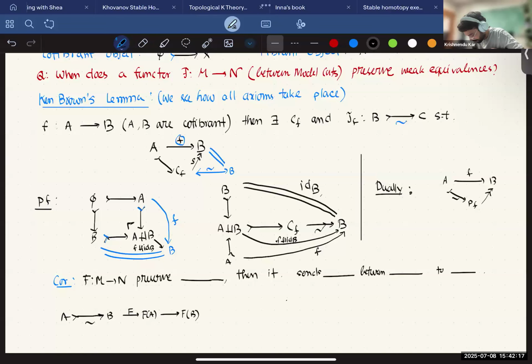Taking composition of this arrow and this arrow, we will get this arrow. We can also say that compositions of cofibrations is again a cofibration.